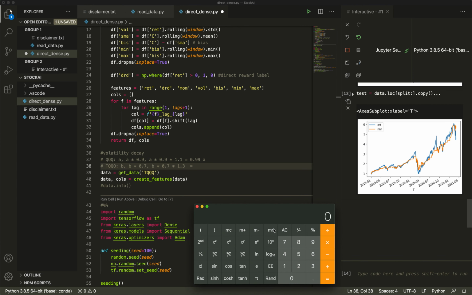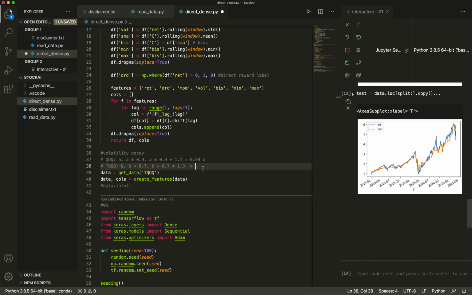This value is 0.7 multiplied with 1.3, which is 0.91. So after this kind of 10% fluctuation within 2 days, the price of TQQQ becomes 0.91 times B, the starting value. But for QQQ, it's 0.99 times A.